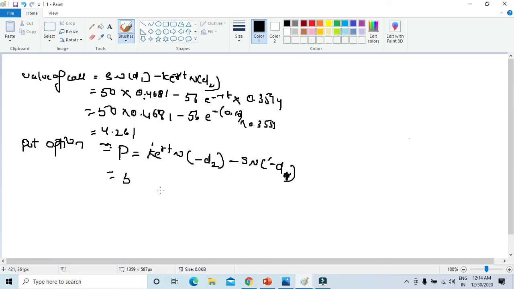so over here let's substitute. This is the formula. Now N(-d1) and N(-d2), how are we going to calculate them?